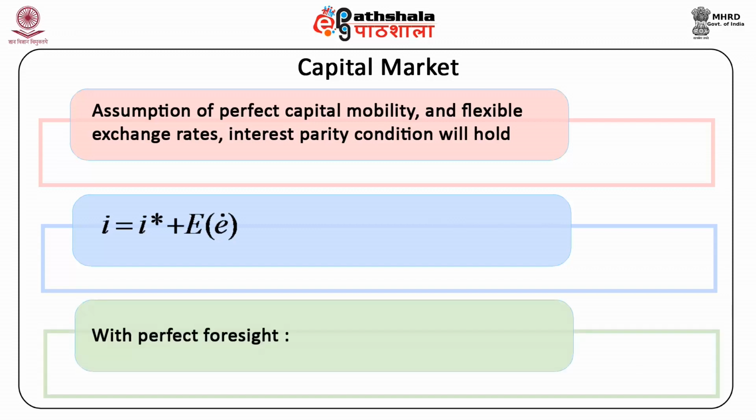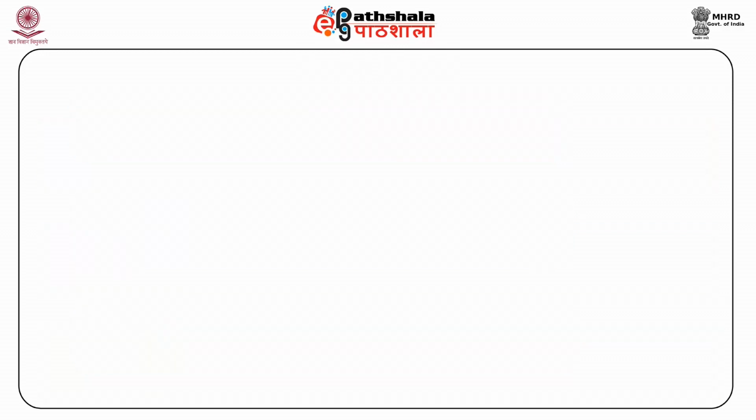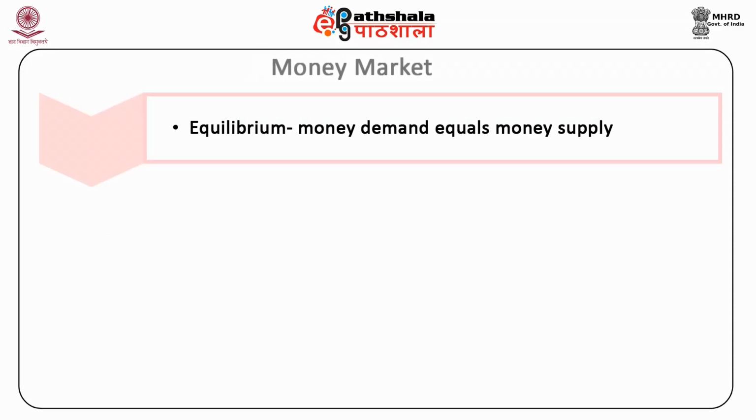Due to the assumption of perfect foresight, the above equation will become i = i* + e dot.